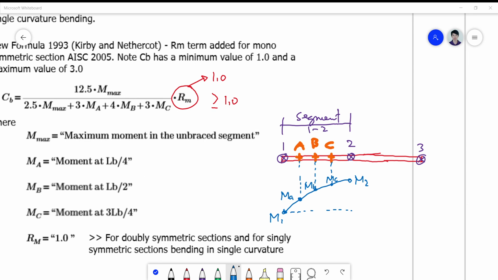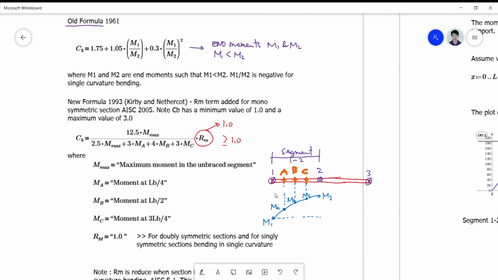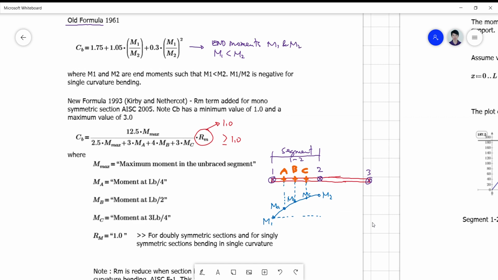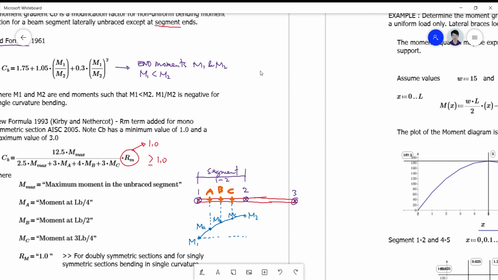We are going to perform the computation on the given problem later, and we will note that the bulk of the computation lies in the determination of the moments. Which formula is more conservative, more advantageous?